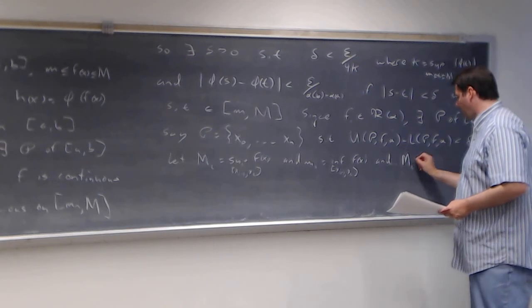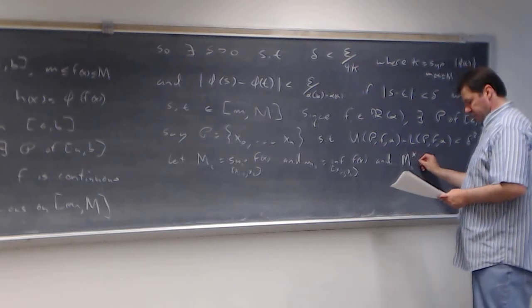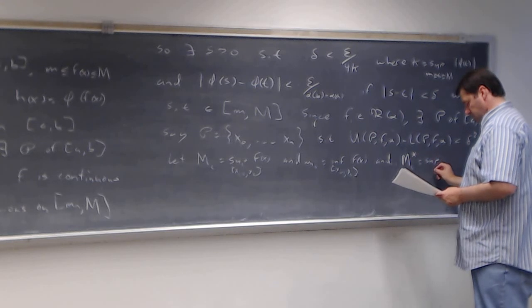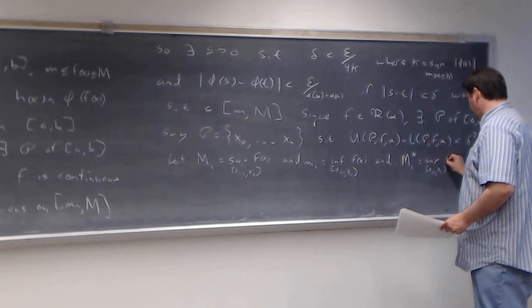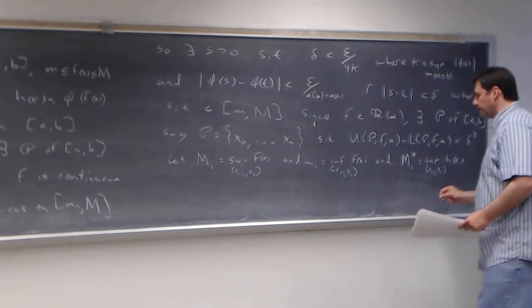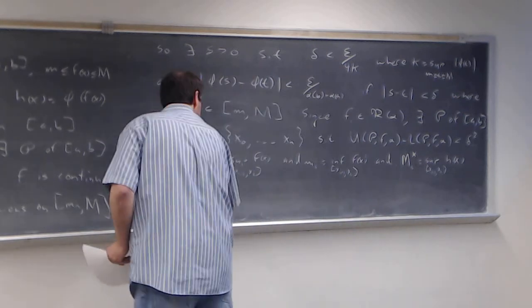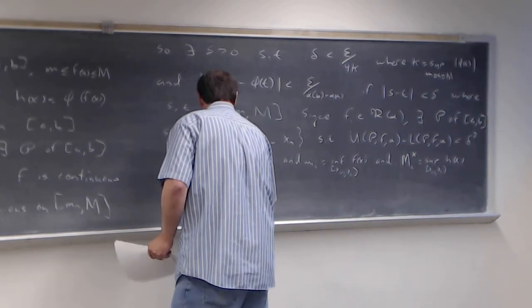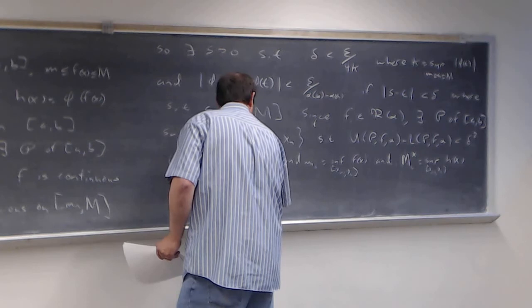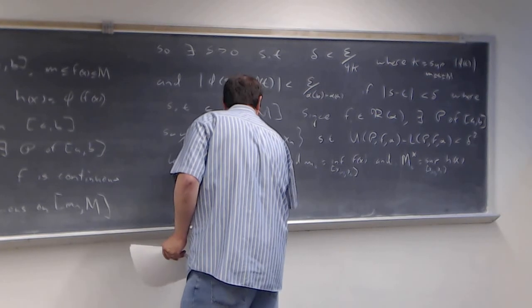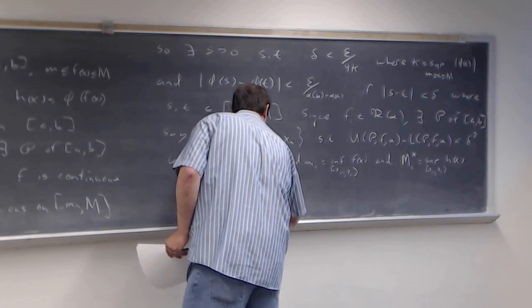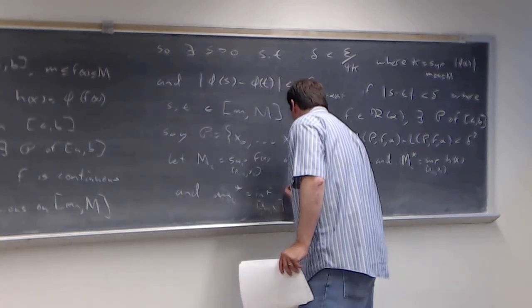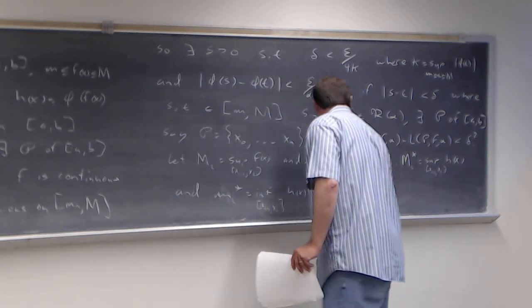So we're going to call capital M sub i star equal to the sup over this interval from x sub i minus 1 up to x sub i of h of x, and little m sub i star equal to the infimum over this subinterval of h of x.